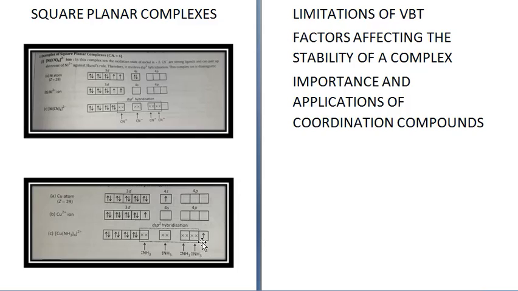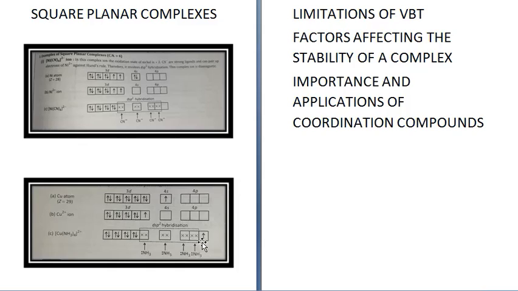Now next we come to factors affecting the stability of a complex. First factor is charge on central metal ion. Greater the charge density on the central metal ion, greater is the stability of the complex. Next is the size of the metal ion. As the size of the metal ion decreases, the stability of the complex increases.